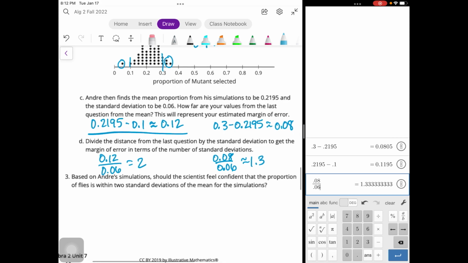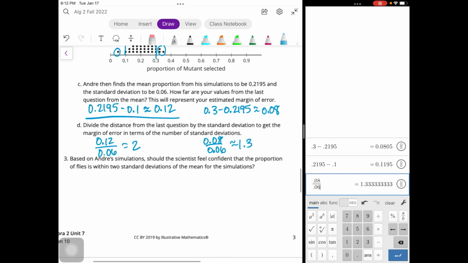All right, based on Andre's simulations, should the scientists feel confident that the proportion of flies is within 2 standard deviations of the mean? And I would say yes, because the first one was pretty spot on with 2 standard deviations, while the second one is more than 1 standard deviation away, but not quite 2.